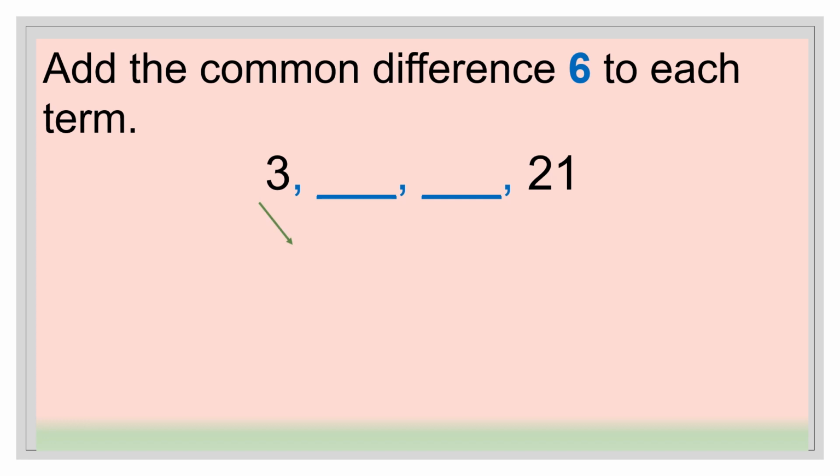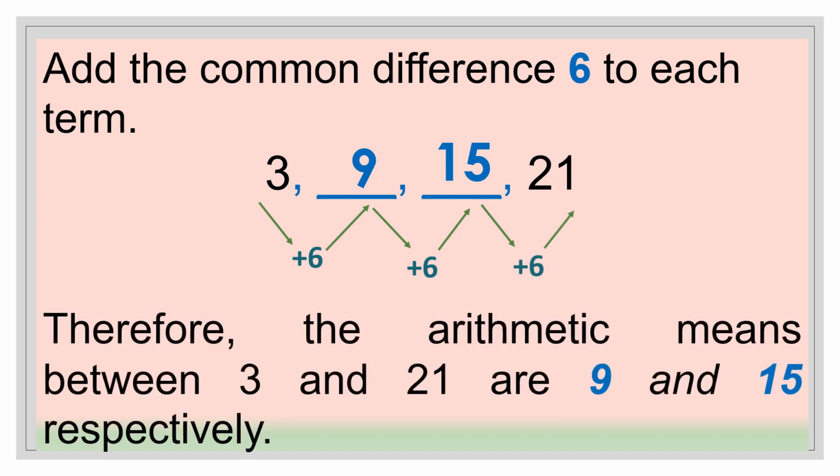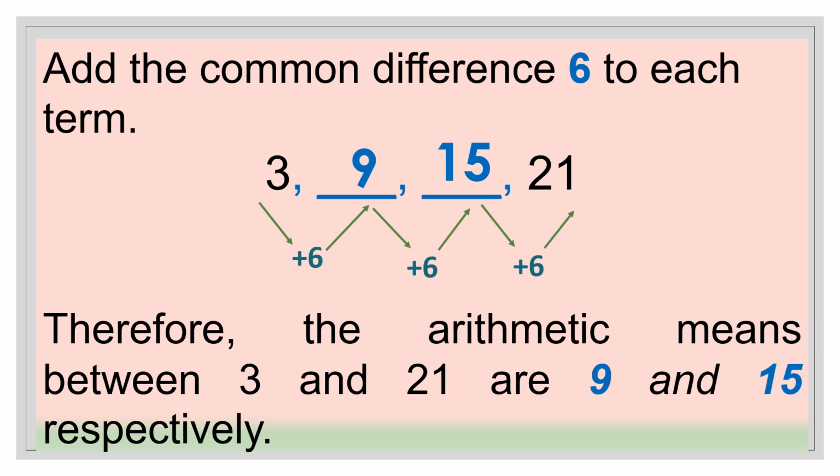We will add 3 plus 6, the common difference, for us to get the next term or the missing term, which is 9. 9 plus 6 will give us 15, which is also the missing term. Then, 15 plus 6, we will get 21. Therefore, the arithmetic means between 3 and 21 are 9 and 15, respectively.